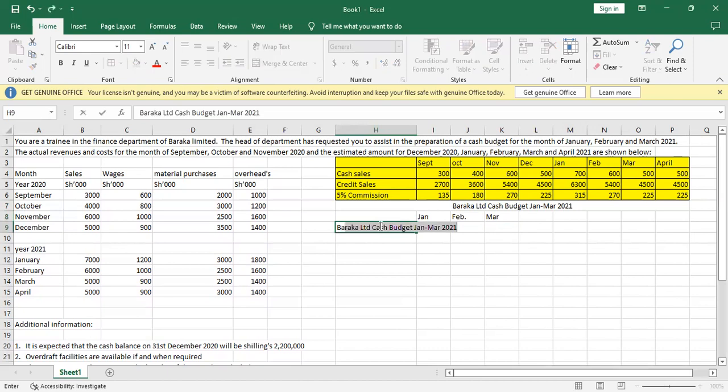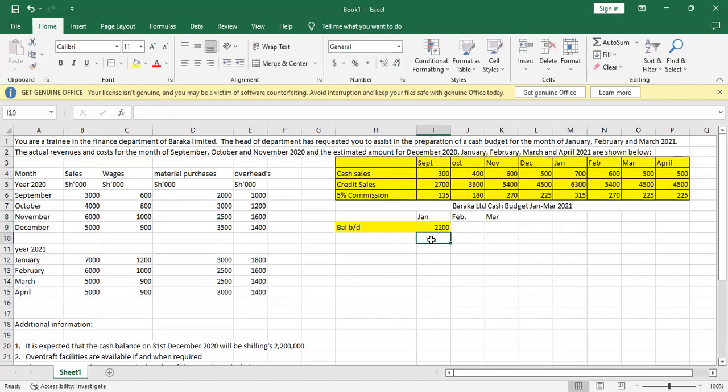I start with the balance brought down from 2020. My figures will be in thousands. I was told it's expected that the cash balance is 2.2 million, so I'll use 2,200. Then from there, I'll put all the receipts.